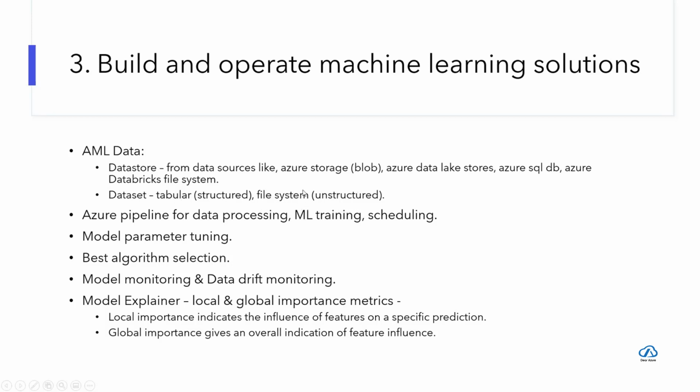So these are the only two types of datasets that you can select, and that's all you need to train your model. As we said, it only requires category 1 data, which is tabular, and category 3, which is image processing. But category 2, which is audio or natural language processing, is out of syllabus for this DP-100.